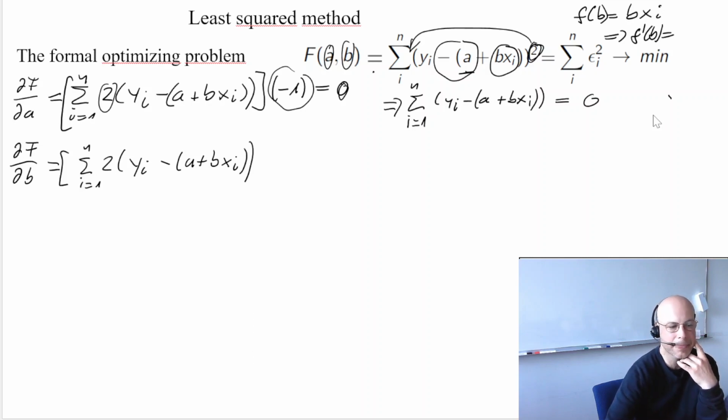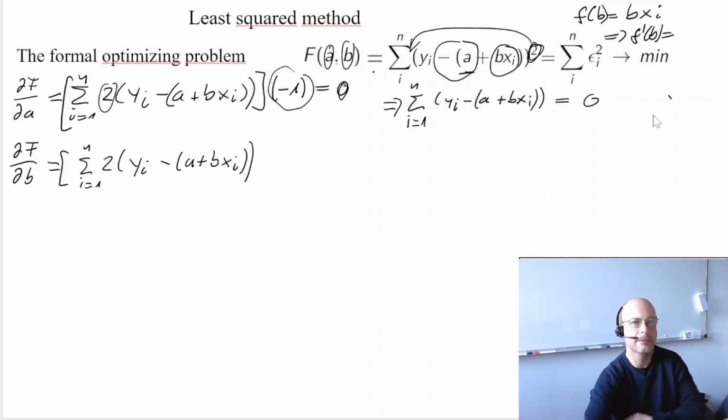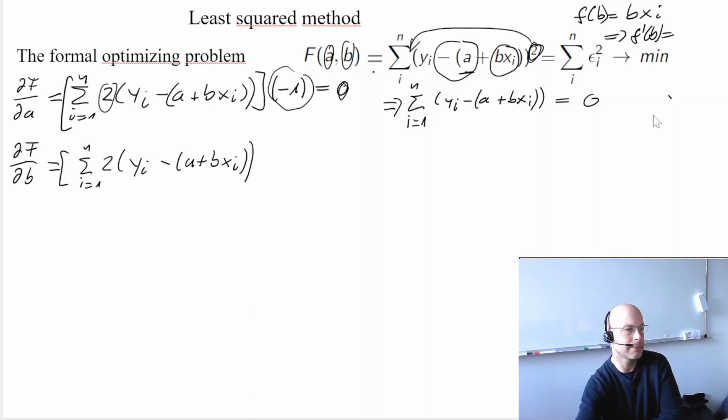Some idea? So you can think of if xi is a number, let's say 5, then the function f of b is 5b. What is then the derivative with respect to b?